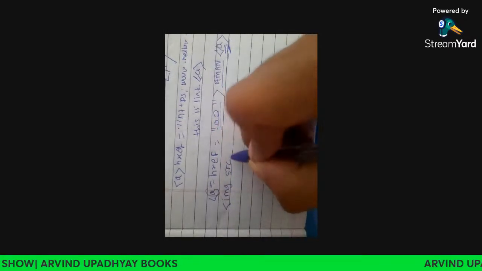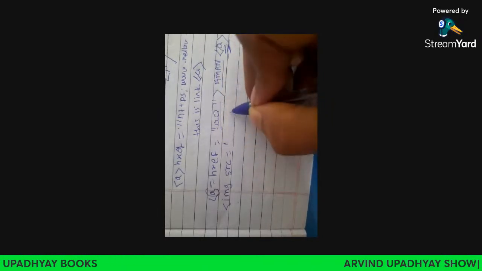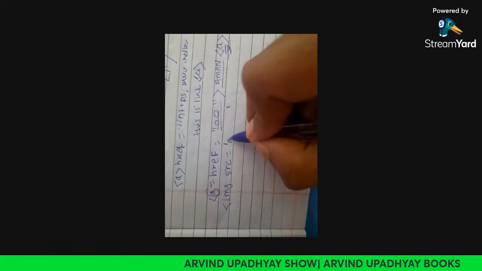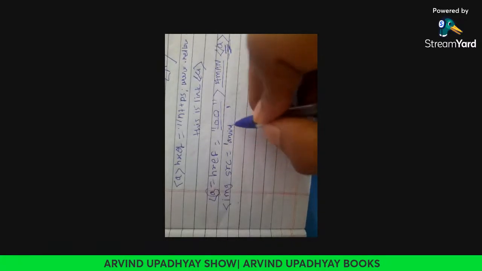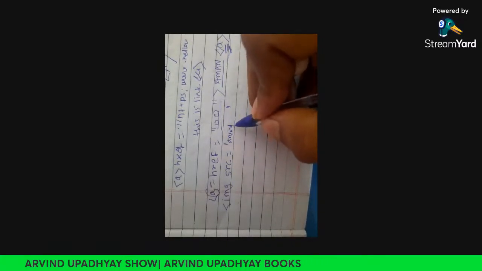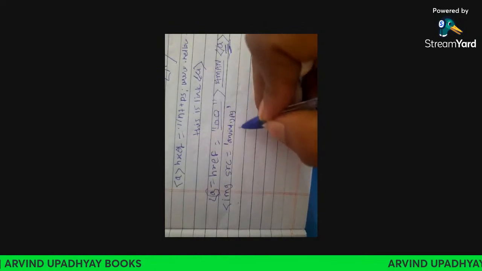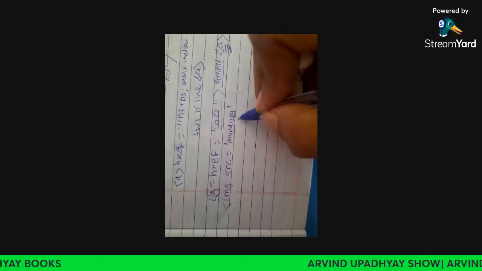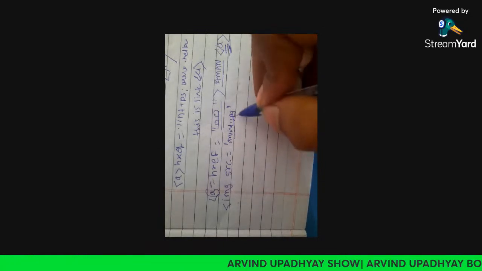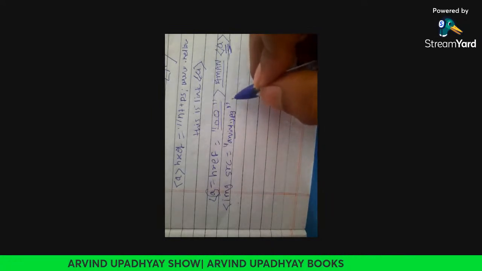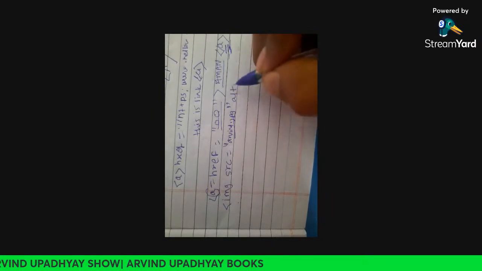Then src, equal to, and in that you can write, for example, I am writing arvind.com, arvind.jpg. So this is my file on the laptop and computer with the name arvind.jpg, and I close this, and then I write alt.